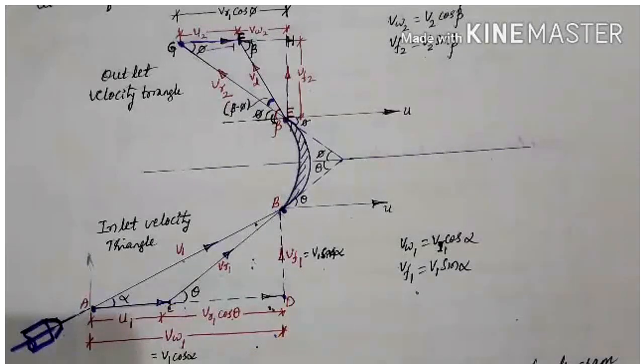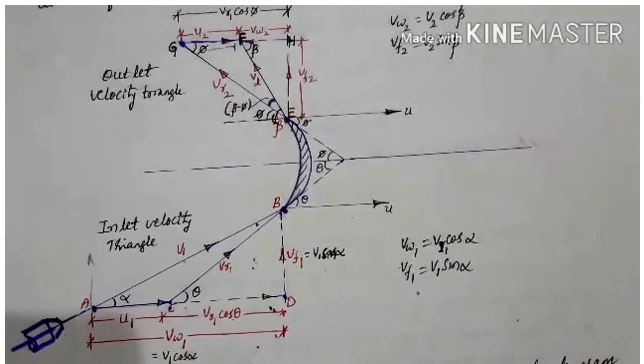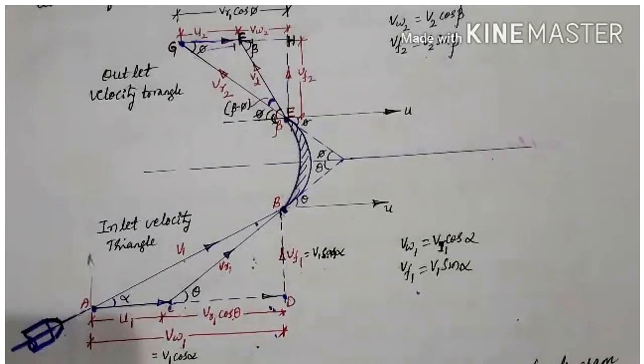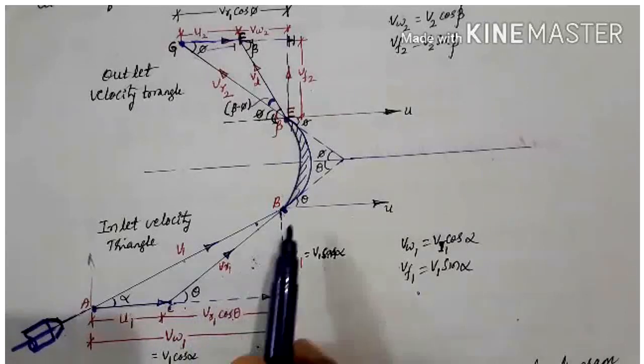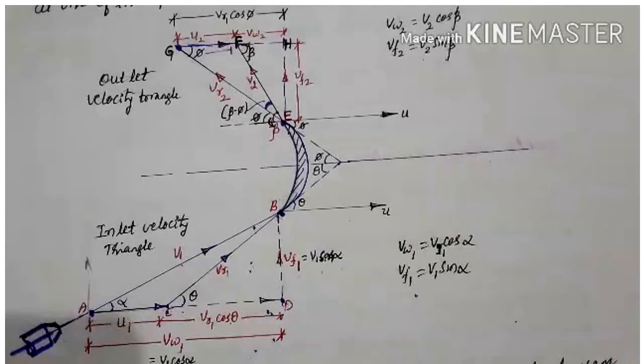The velocity triangle may be drawn at both the inlet and outlet sections of any turbomachine, and from the velocity triangle we can analyze the velocity of the fluid, as the vector nature of the velocity is utilized in this triangle. The most basic form of velocity triangle consists of the absolute velocity V, the relative velocity VR, and the blade velocity U. About the construction of a velocity triangle, we discussed it in the previous lecture.